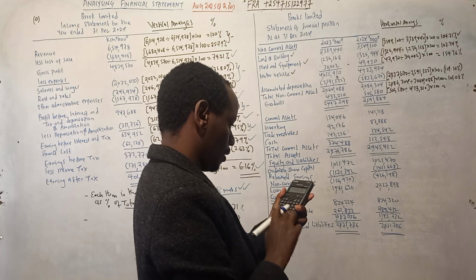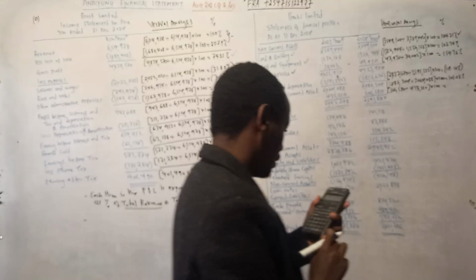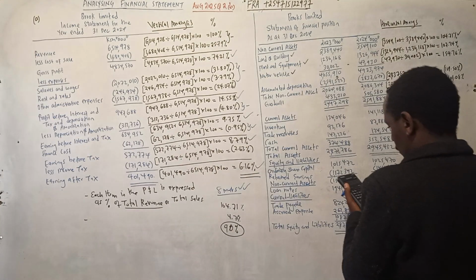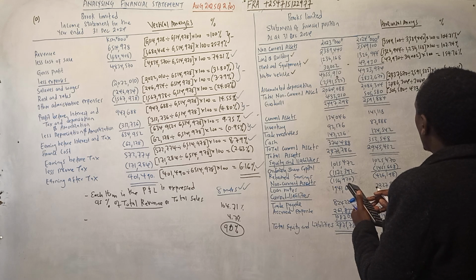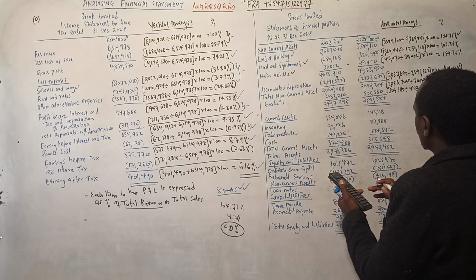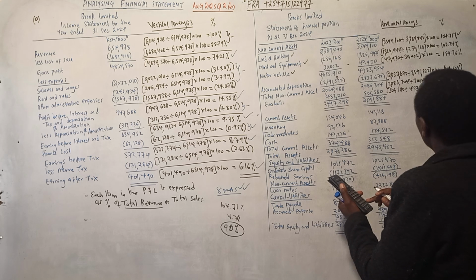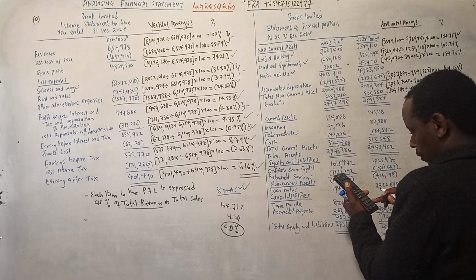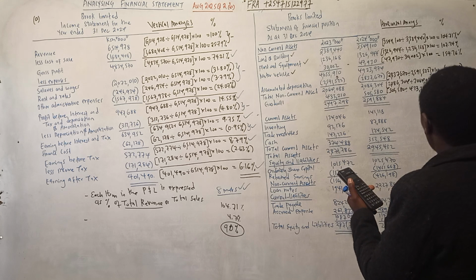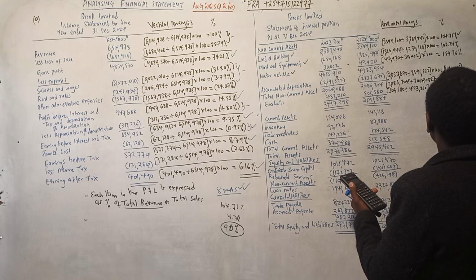Just a moment. 505,580 divided by 423,210 times 100 gives 119.46%.